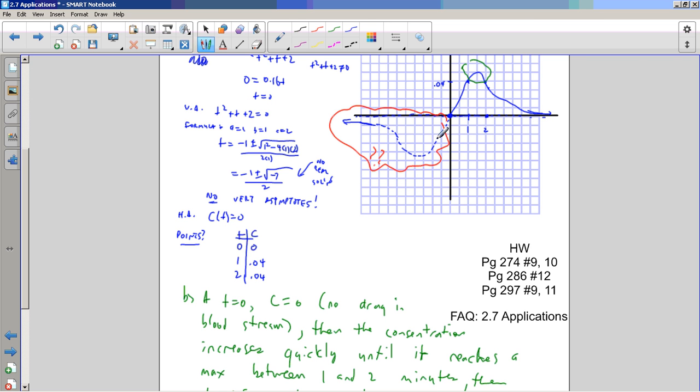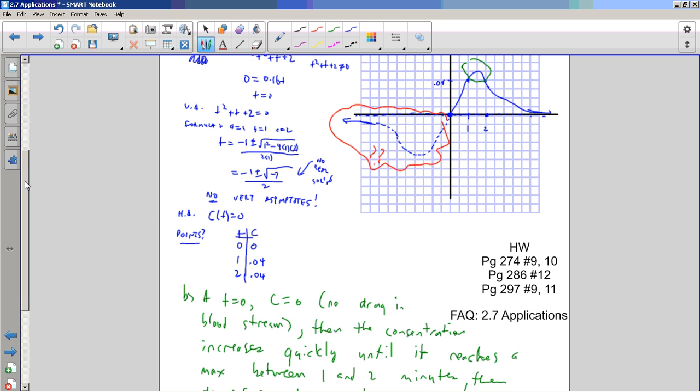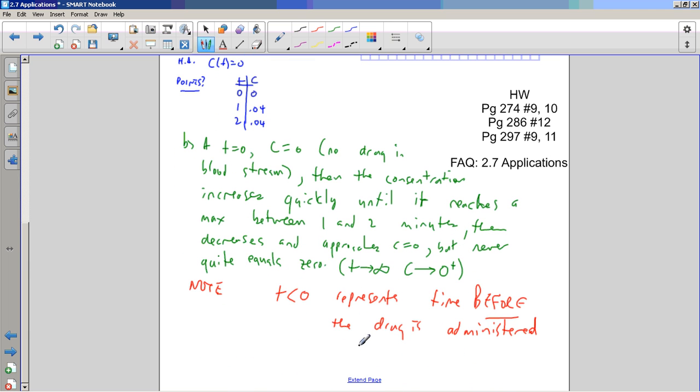What's not okay is it gives me values where the concentration is negative. Can I have a negative concentration of a drug in my bloodstream? Negative concentration doesn't make sense. But for T less than 0, C is less than 0, which doesn't make sense.